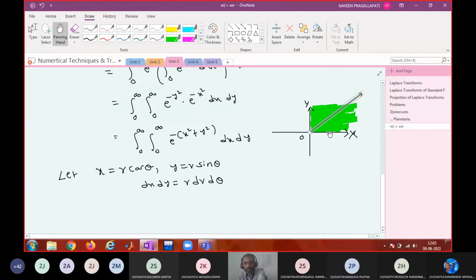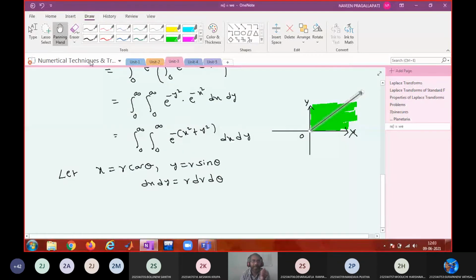Theta varying from 0 to pi by 2. You should not say 90 degrees, 90 is not a real number. So r varies from 0 to infinity, theta varies from 0 to pi by 2. Shall I proceed to the next page?